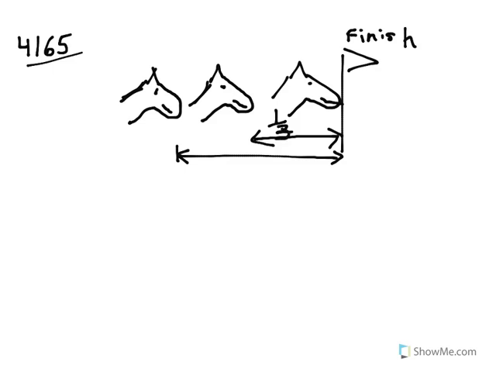So between winner and number 2, it's a third of a horse length, and between the winner and number 3, it's half of a horse length. So if we're going to work out how much is there between horse number 2 and horse number 3, what's this distance here? We'll call it x.